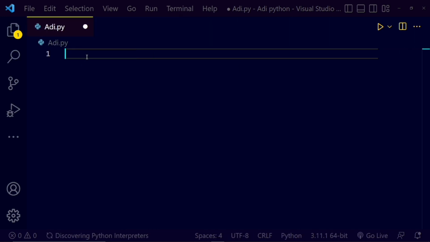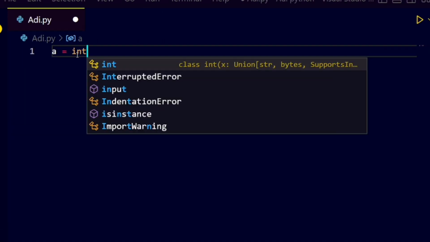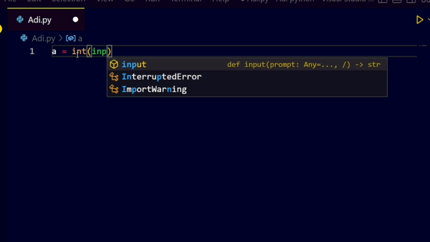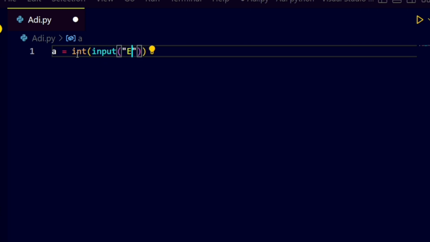So the first thing is creating variables for the side lengths. A is going to be int(input("enter the first side length")). So A represents the first side length.